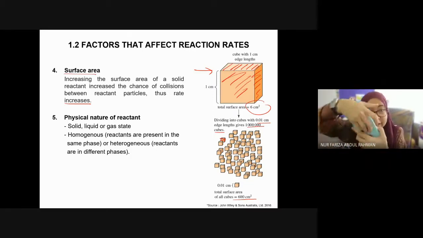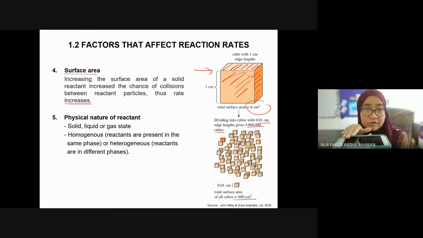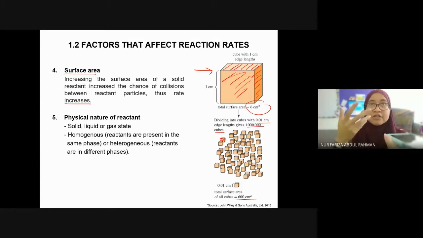Yang dekat dalam tu tak expose. So dia kena remove the first surface area dulu and then expose the second surface area tu. Dia kena layer by layer. Tahu? Imagine when you are trying to burn kayu lah kan. You nak bakar kayu yang besar, it takes time.